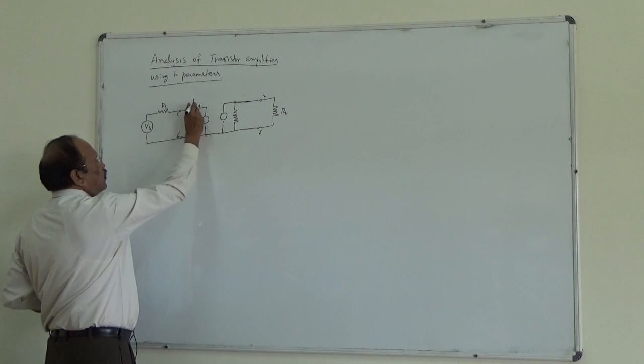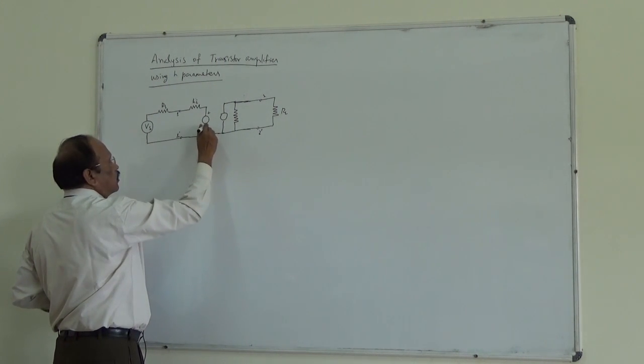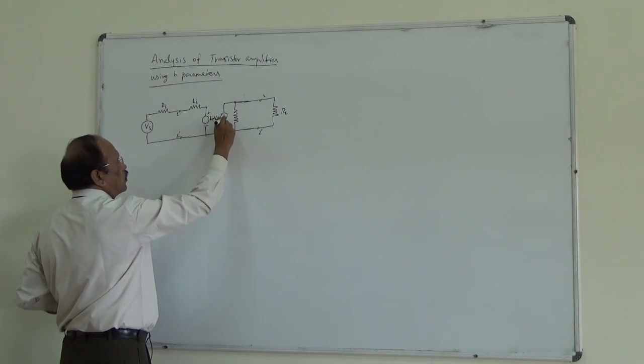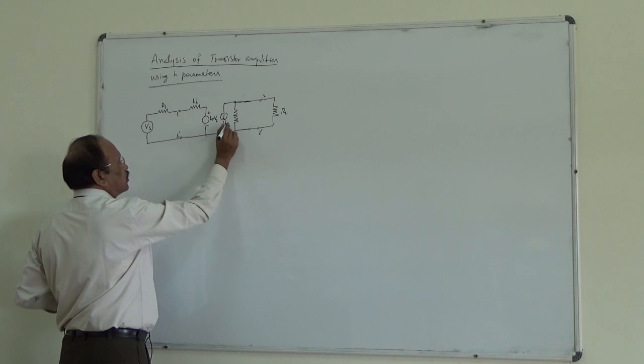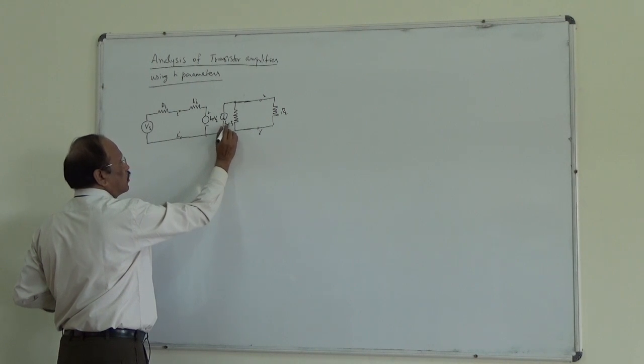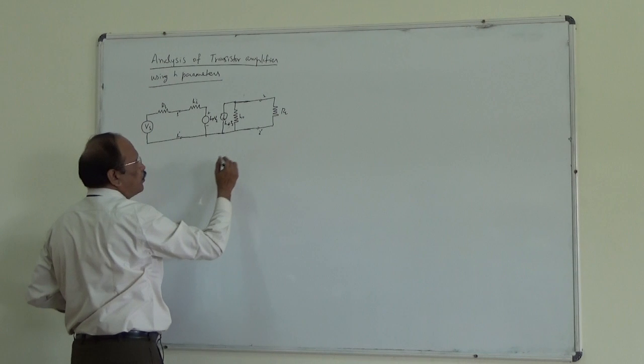So this is HI, this is HR into V2, this is HF into I1, this is H0.